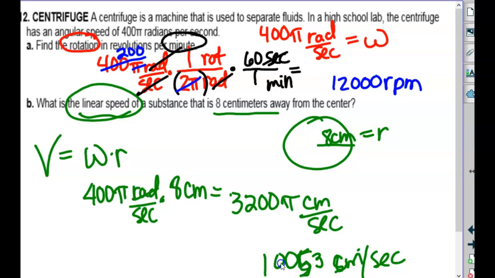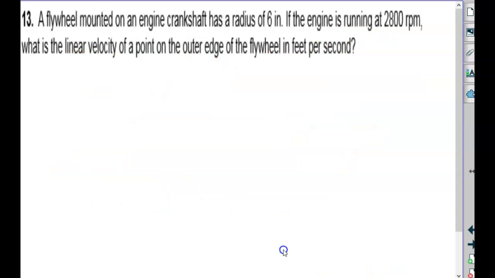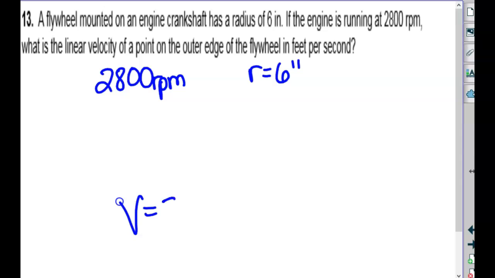Close? Everybody okay? Is there one more of these? All right. Real quick, last one. This is actually the question on the quiz, I think. If it's turning this many RPM and the radius is 6 inches, what is the linear velocity? What do we need to do first?